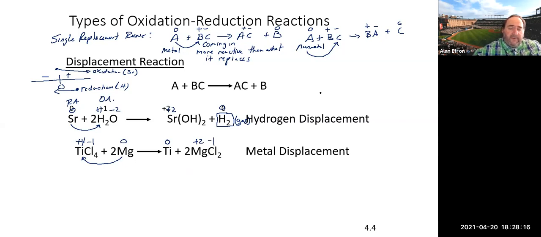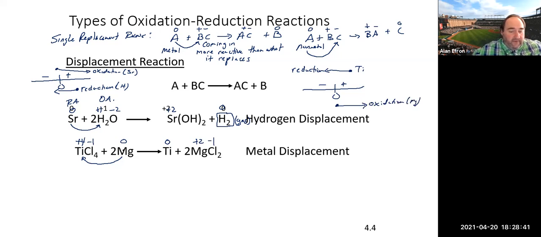So again, if we look at what is happening there, and we look at the Ti, it is going from +4 to 0, which means it is going through reduction. If we look at the magnesium, it's starting at 0 and going to +2, which means it is going through oxidation.